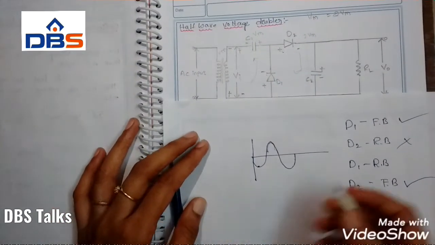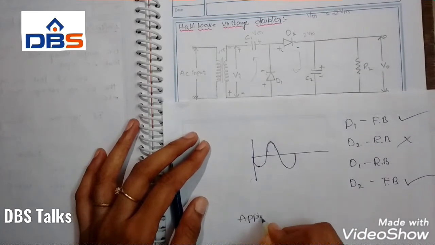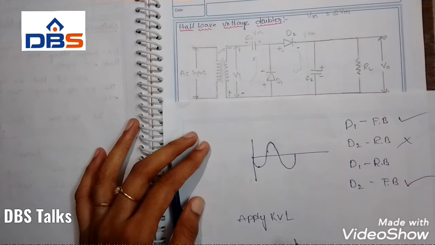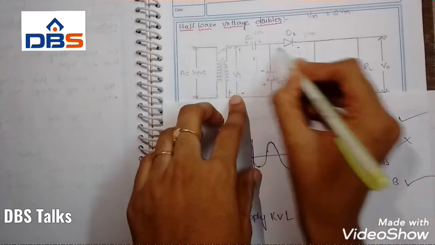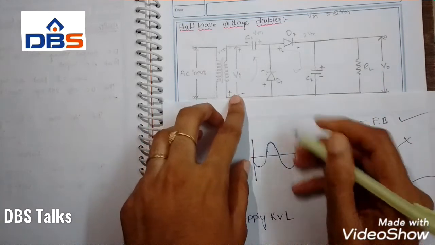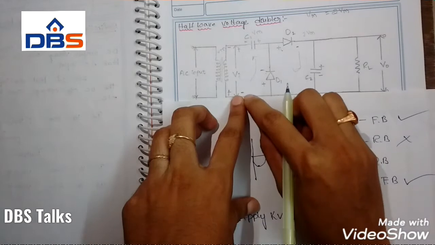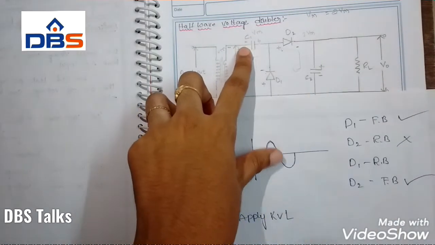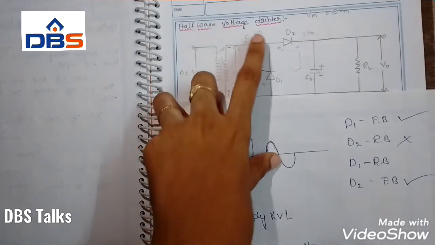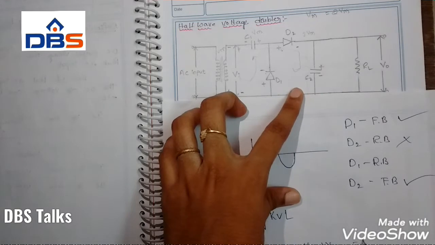If you want to be clear, you can apply KVL also. Applying KVL in this direction for the positive half cycle, we get minus Vm, the applied voltage, minus Vm, plus Vc2 is equal to 0.